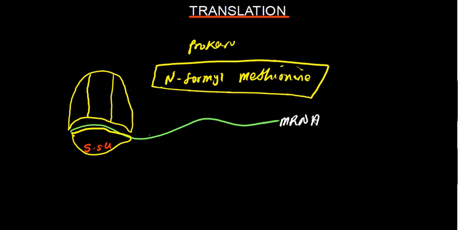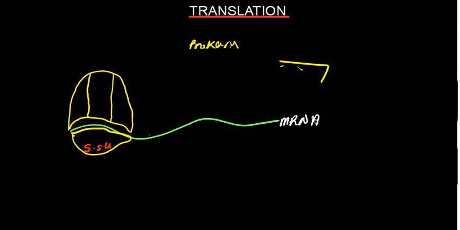That is what we have to know, the differences between prokaryotic and eukaryotic cells. But overall, the process of translation is nearly the same in both. Those are some of the exceptions which we are mentioning.